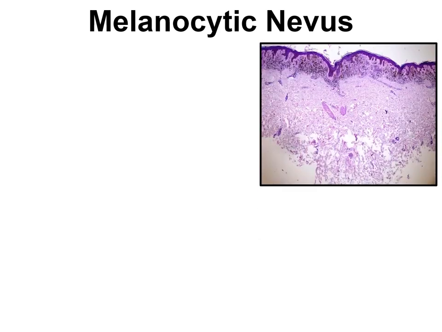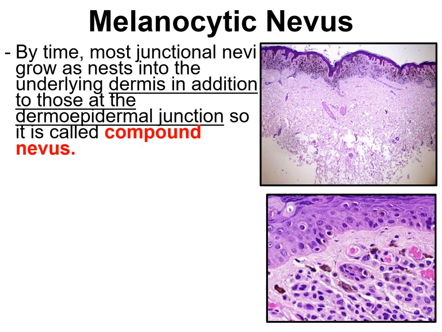In a case of maturation, the melanocytes, as we said, migrate to the bottom of the lesion and become smaller in size. And there is a component of these groups of cells in the dermis, beside the group of cells which is present at the dermo-epidermal junction.